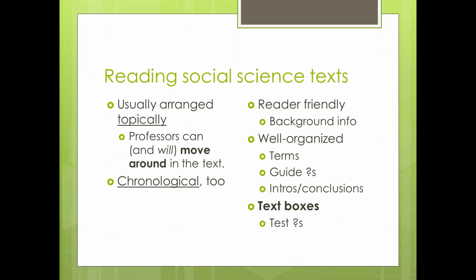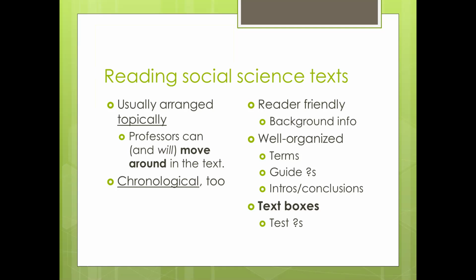Now, when it comes to the specific task of reading social science texts, this is in reference to those discussion questions that I mentioned at the beginning of the presentation. Reading social science texts is actually fairly painless. And here's why. Most of the time, social science-based texts are arranged topically, which means that they're reader-friendly.